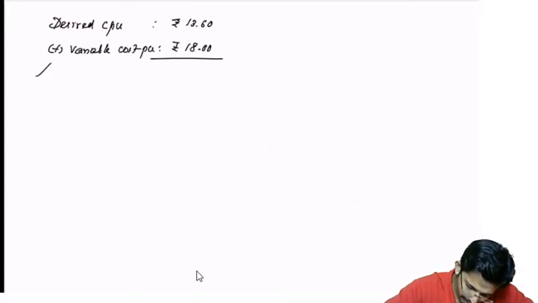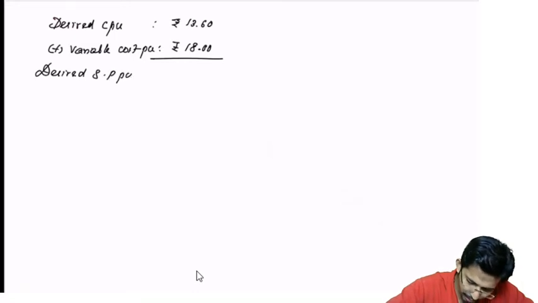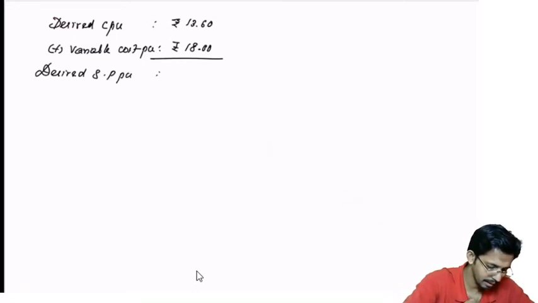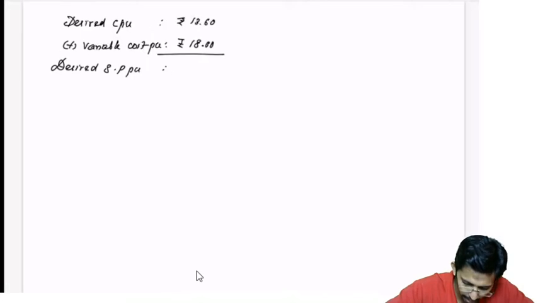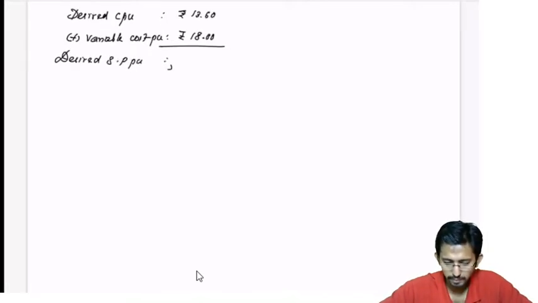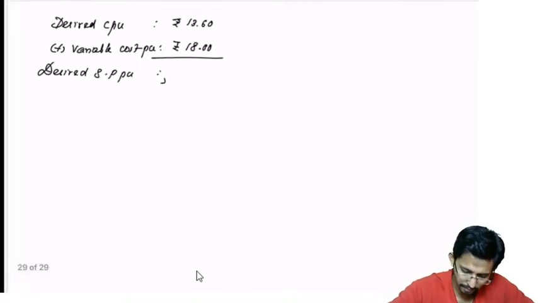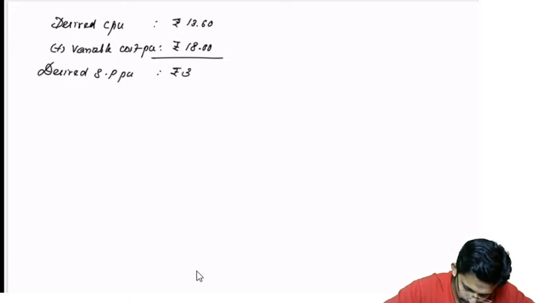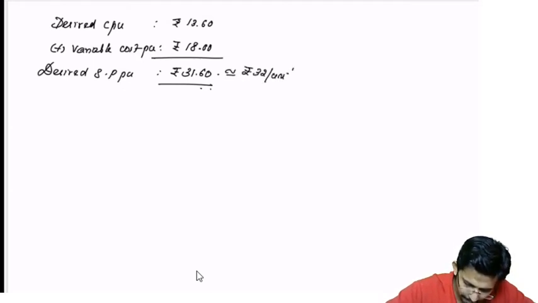Okay, so desired selling price per unit is 18 plus 13.6, that is 31 point something. Okay, so you are fixing the price of your product to be 32 rupees per unit.